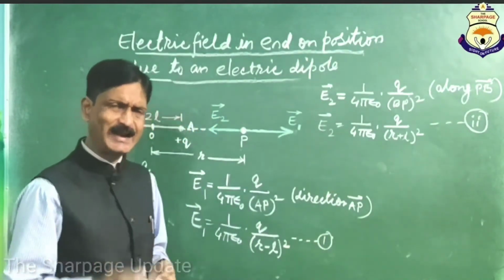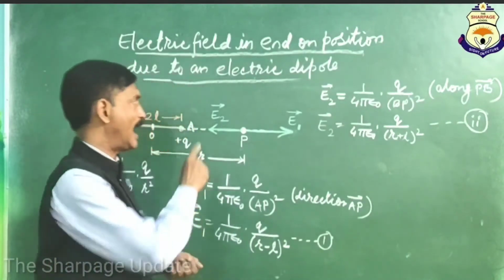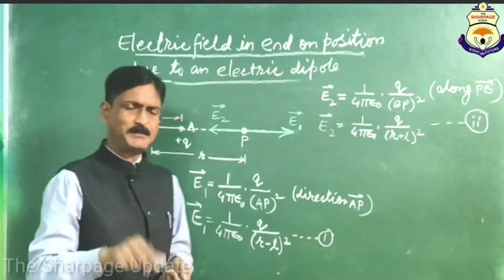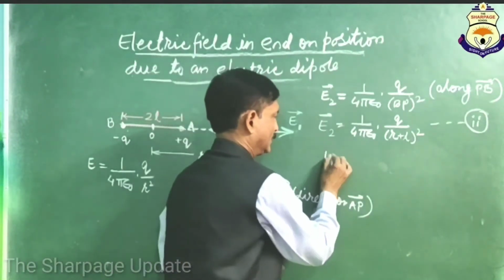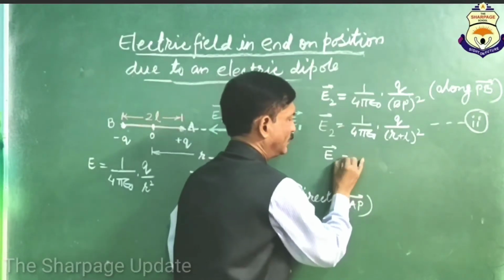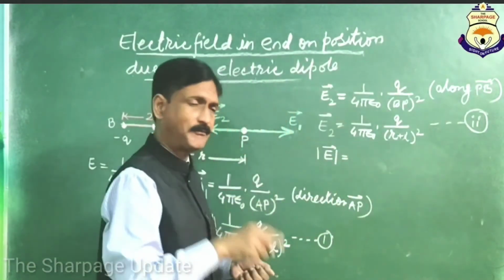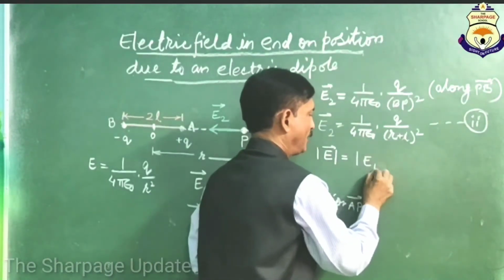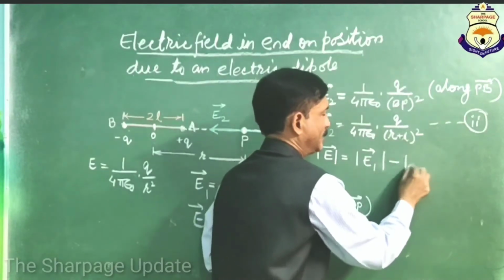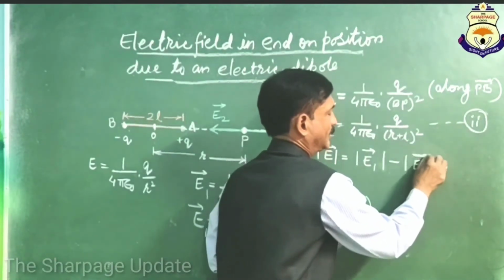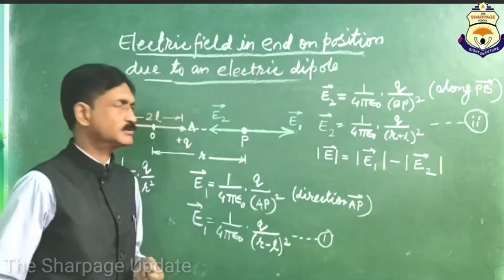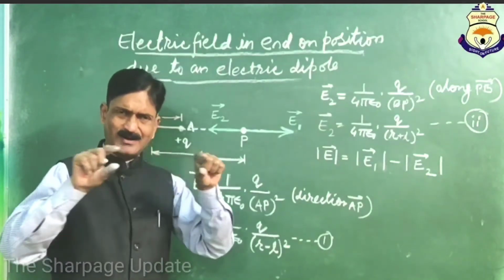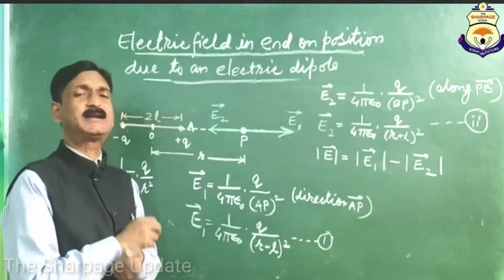Now let the resultant electric field intensity at the point P due to this electric dipole be represented by E. So the magnitude of resultant field intensity E equal to the magnitude of electric field intensity E1 minus the magnitude of electric field intensity E2, because E1 and E2 both act along a line but in opposite direction.